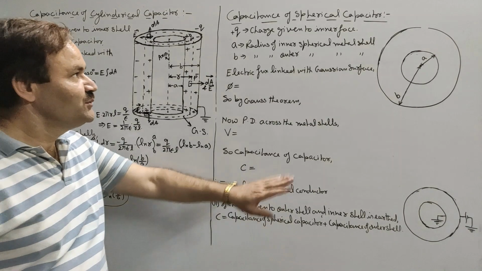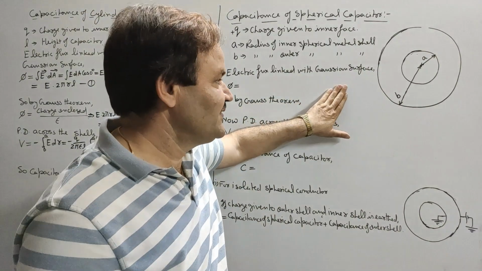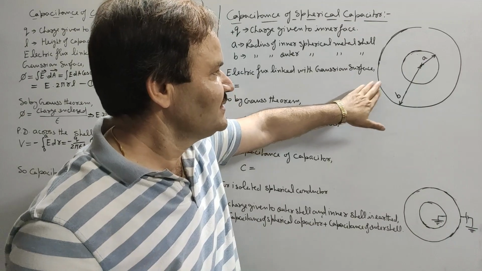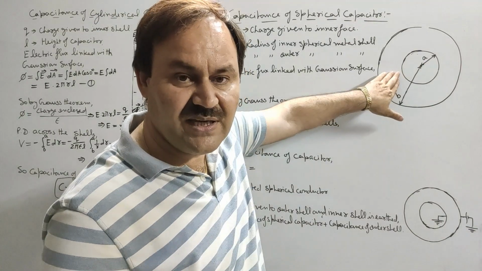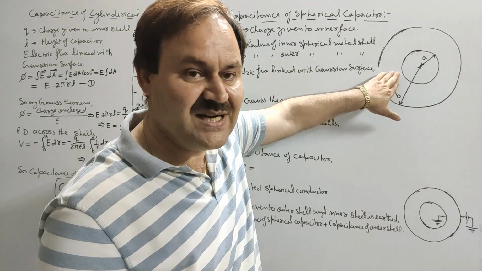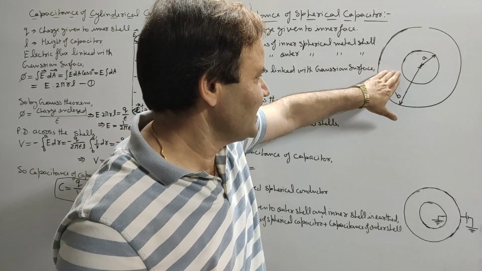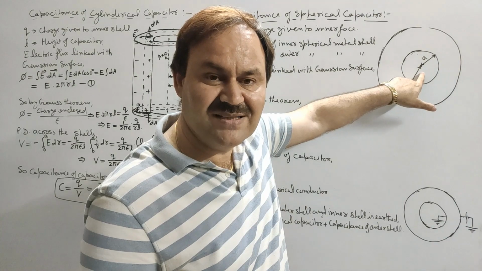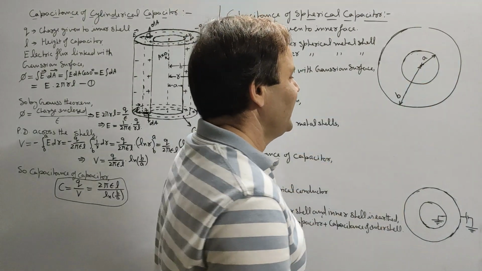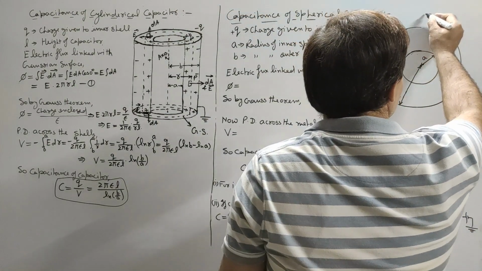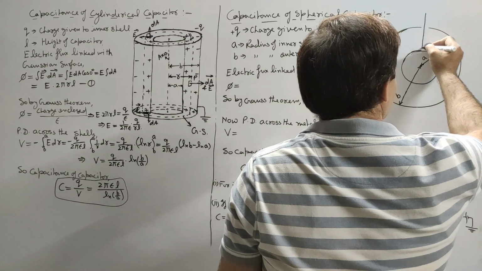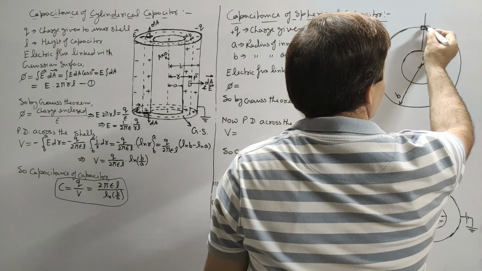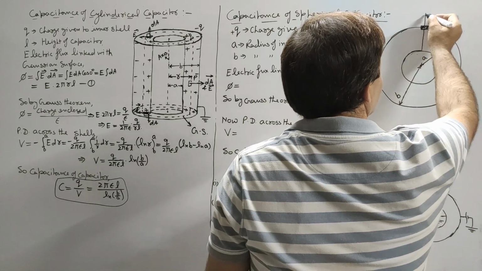Now we come to capacitance of a spherical capacitor, and first we are considering that the charge is given to the inner shell of the spherical capacitor. This spherical capacitor is having two concentric metallic spherical shells, and the charge is given to the inner shell with the help of a rod that remains insulated from the outer shell.